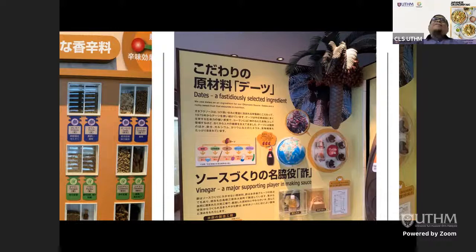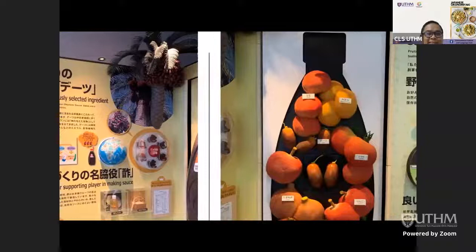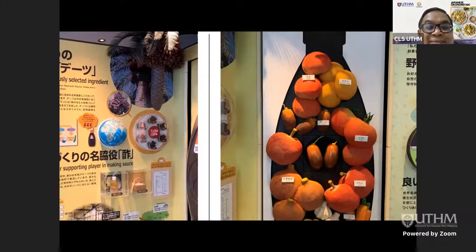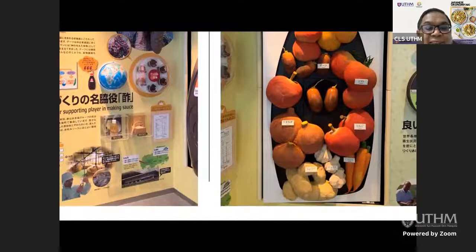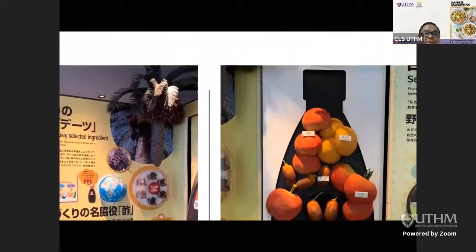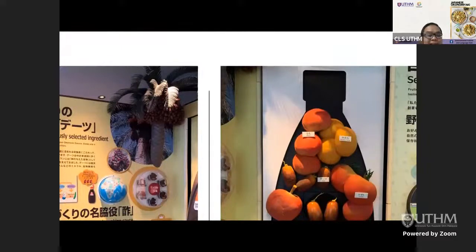So this is the ingredients. You can see the ingredients here, sorry, very small. These are all the ingredients used in Otafuku sauce. This is a very healthy sauce.